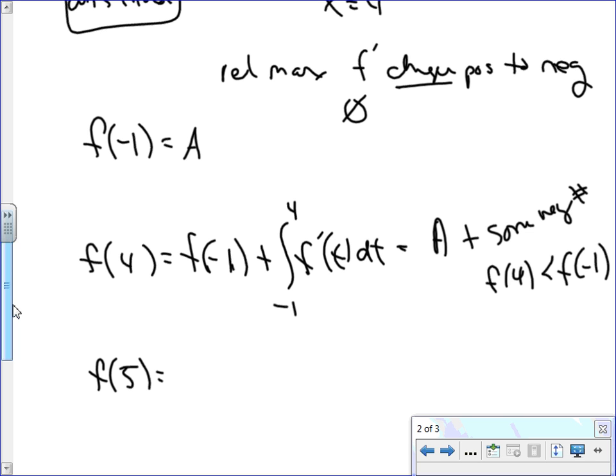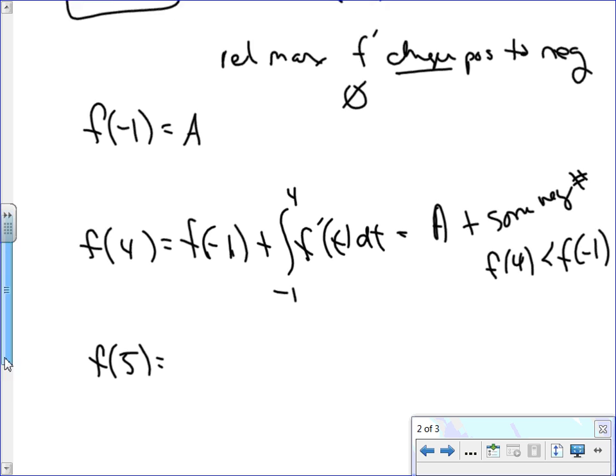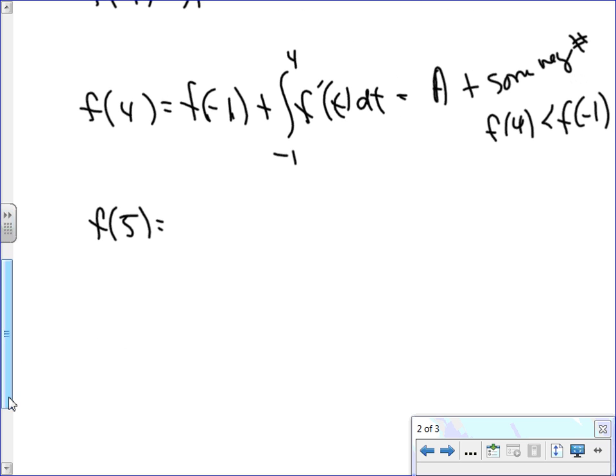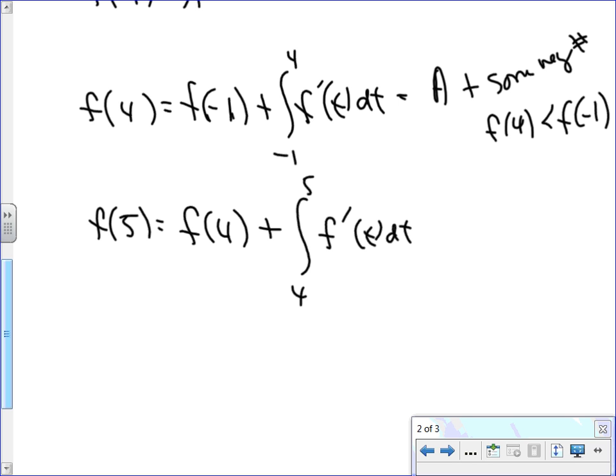All right, so now we're going to look at f of 5. I don't know what f of 4 is, but if I knew what f of 4 was, how would I get f of 5? From the integral from 4 to 5 of f prime. Right. Go up and look at the interval from 4 to 5.